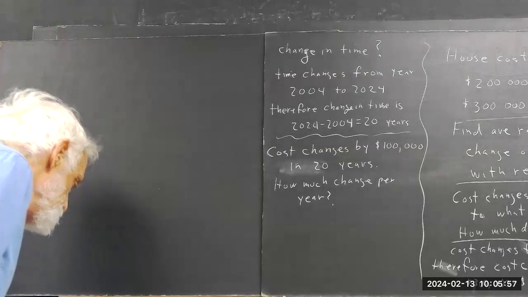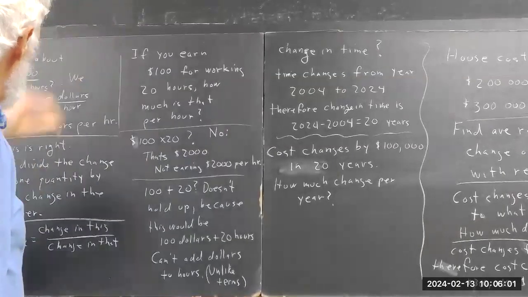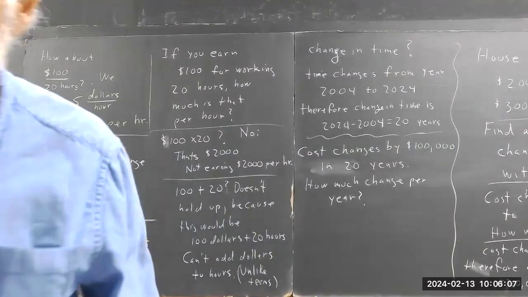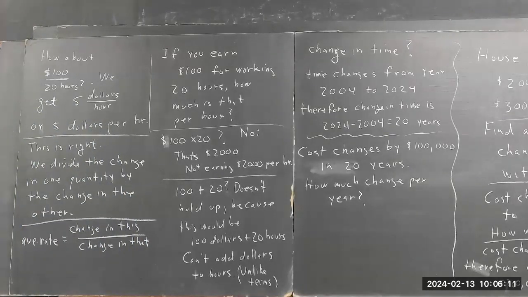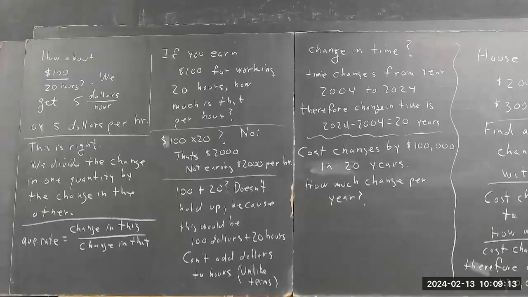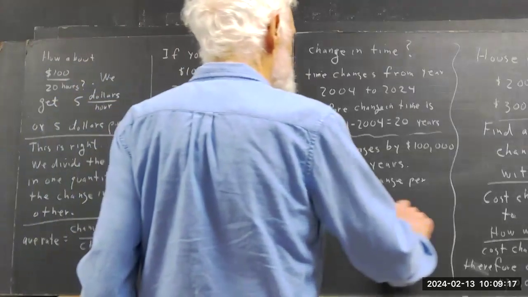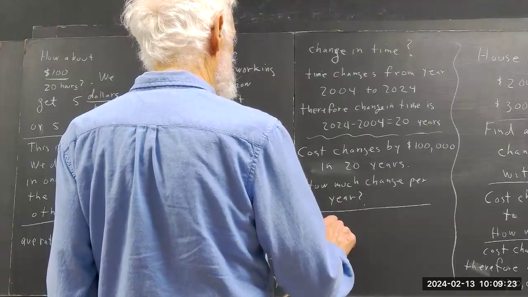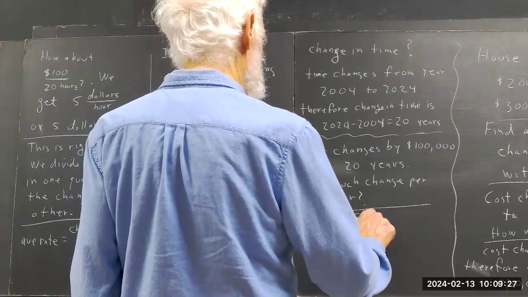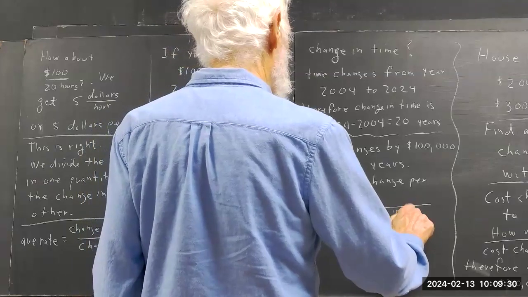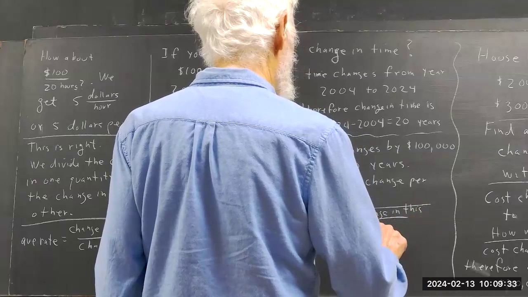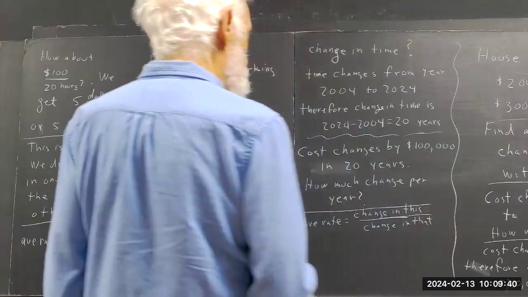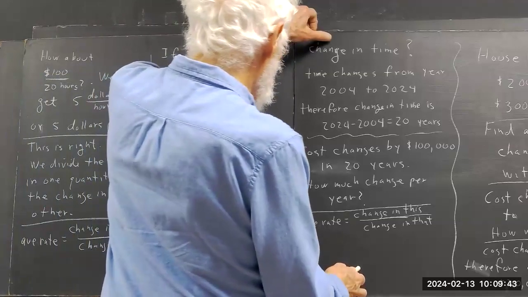Okay, so the average rate is the change in this divided by the change in that.